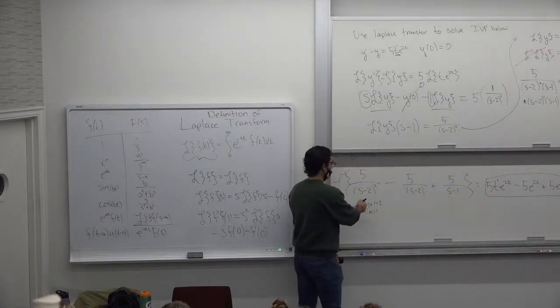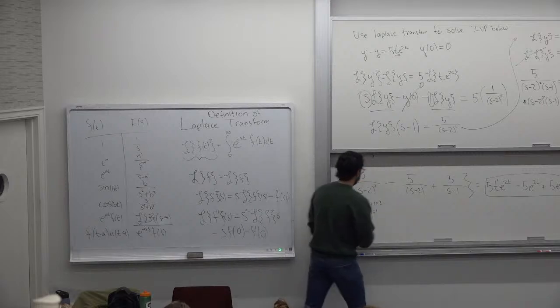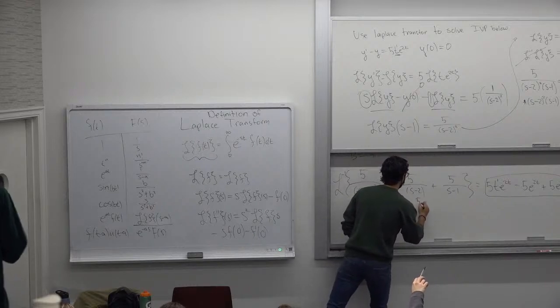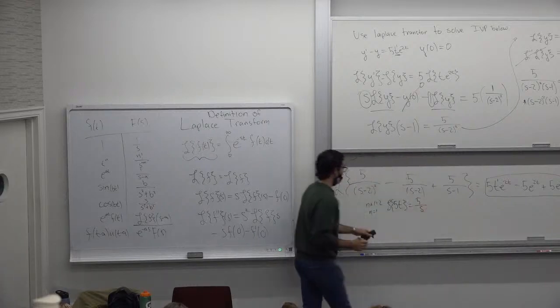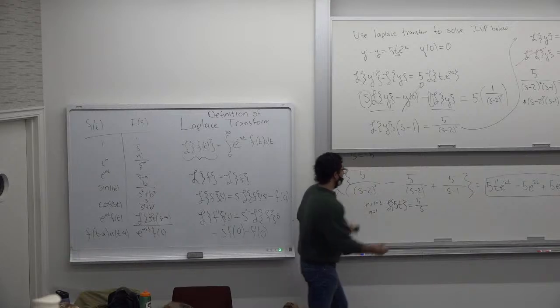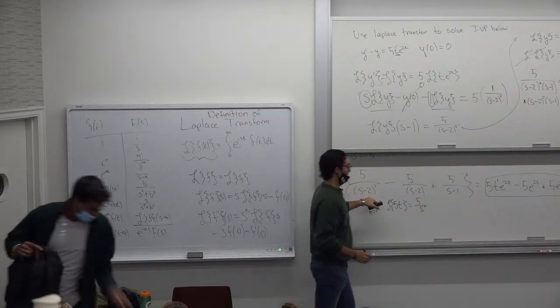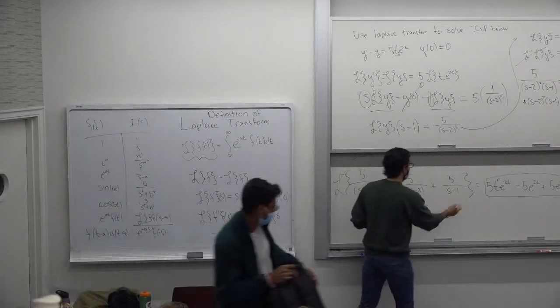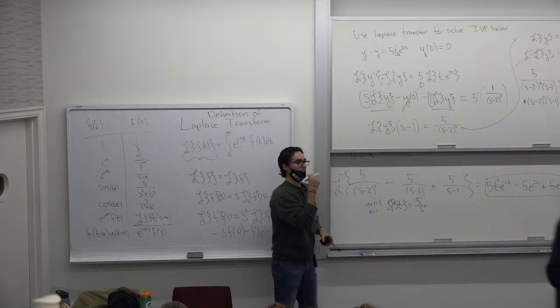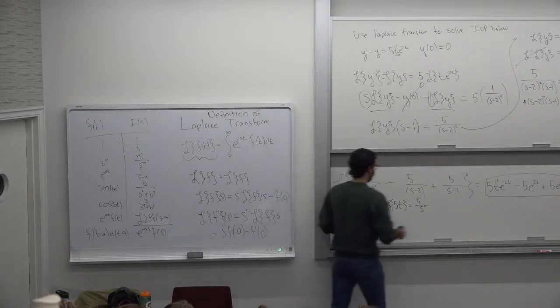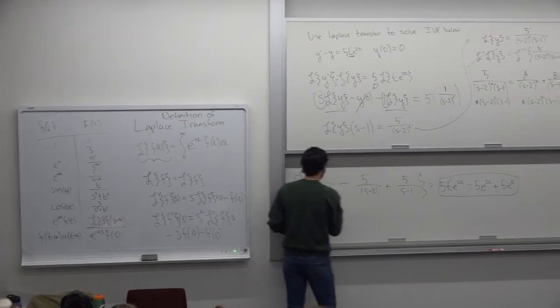Right, the Laplace of this is going to be 5 over s. Since it's s minus 2, we know that we multiply by e to the 2t. Tell me if it doesn't make sense.